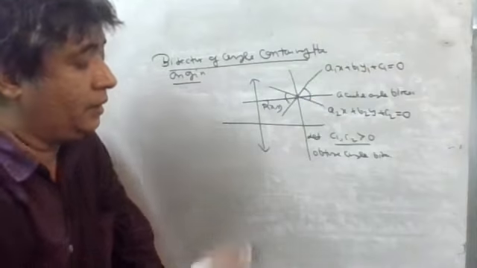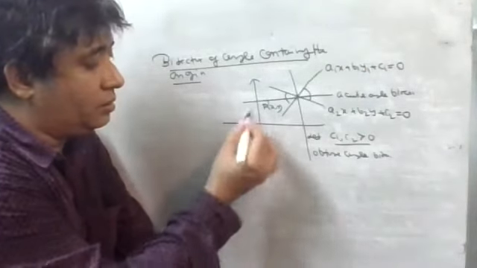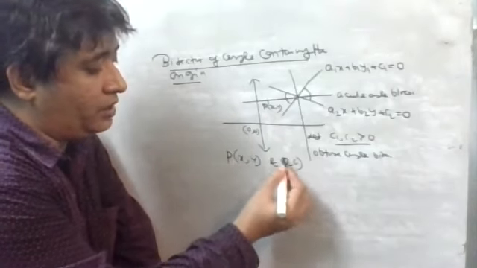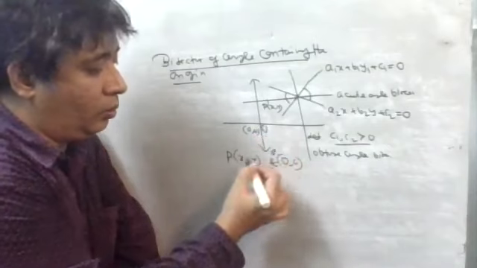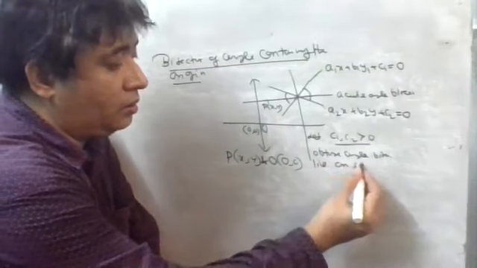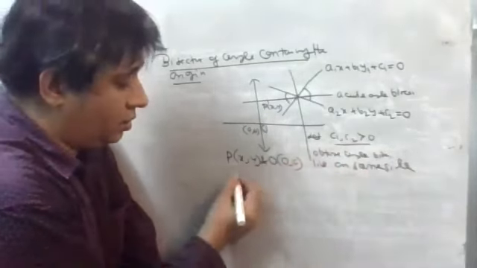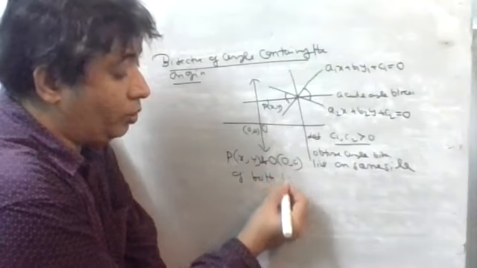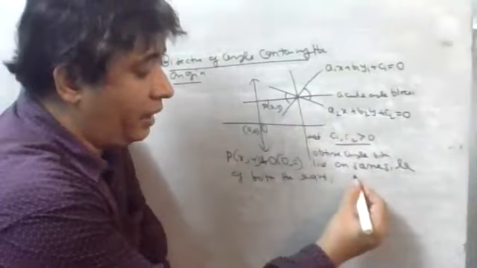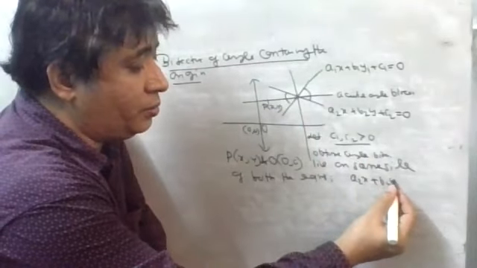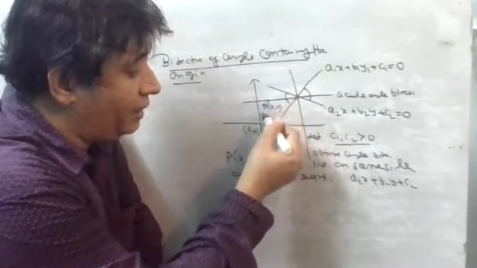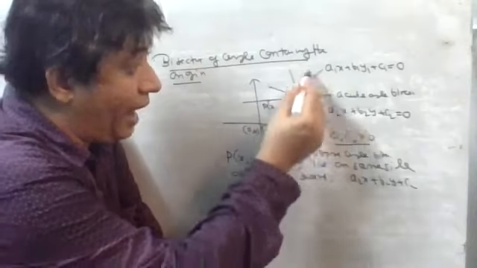Okay. Now (x, y) and origin O lie on the same side of both the equations. So I can write a2x + b2y + c2 as (x, y) lies on the same side of this line as well as this line.